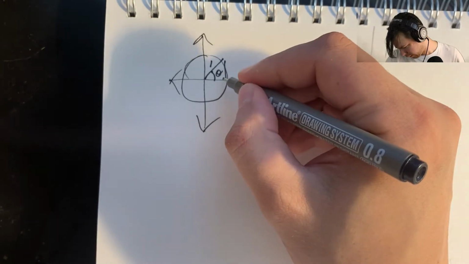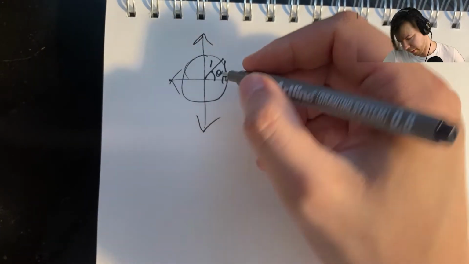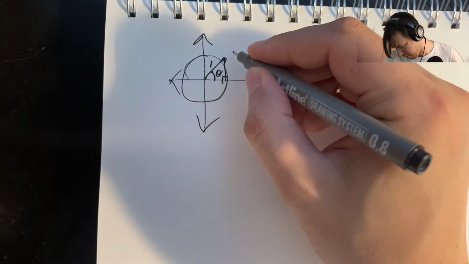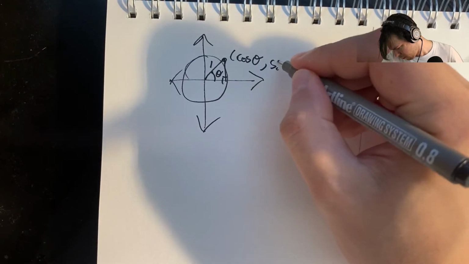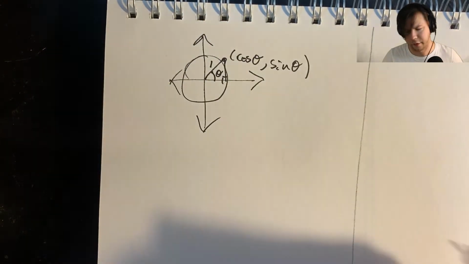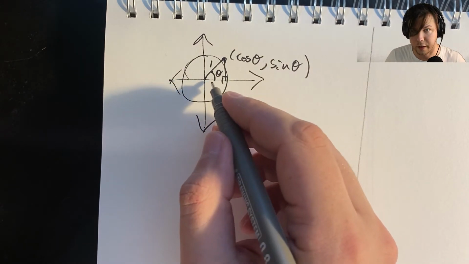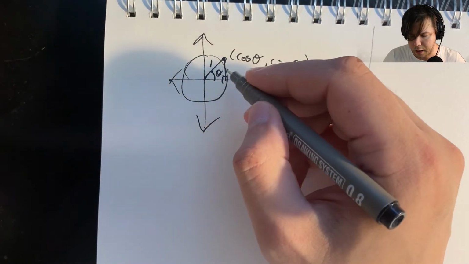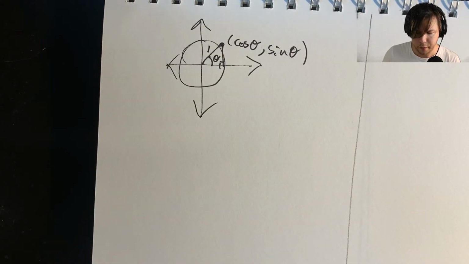We construct a right angle triangle here, and the point is cos and sine, because the adjacent side is on the bottom and the opposite side is on the side there. Okay, so that's 2 dimensions.